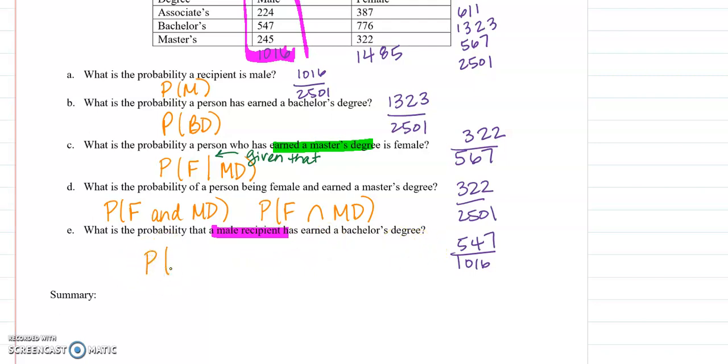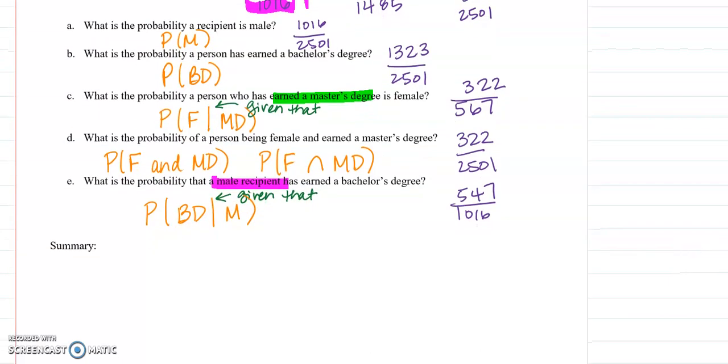We're back to the conditional probability, because ultimately we care about the bachelor's degree probability, but we have to meet a condition first, and that condition is the male person receives it. So again, this is given that, and the way we would read it is to say find the probability a person has earned a bachelor's degree given that they're male.